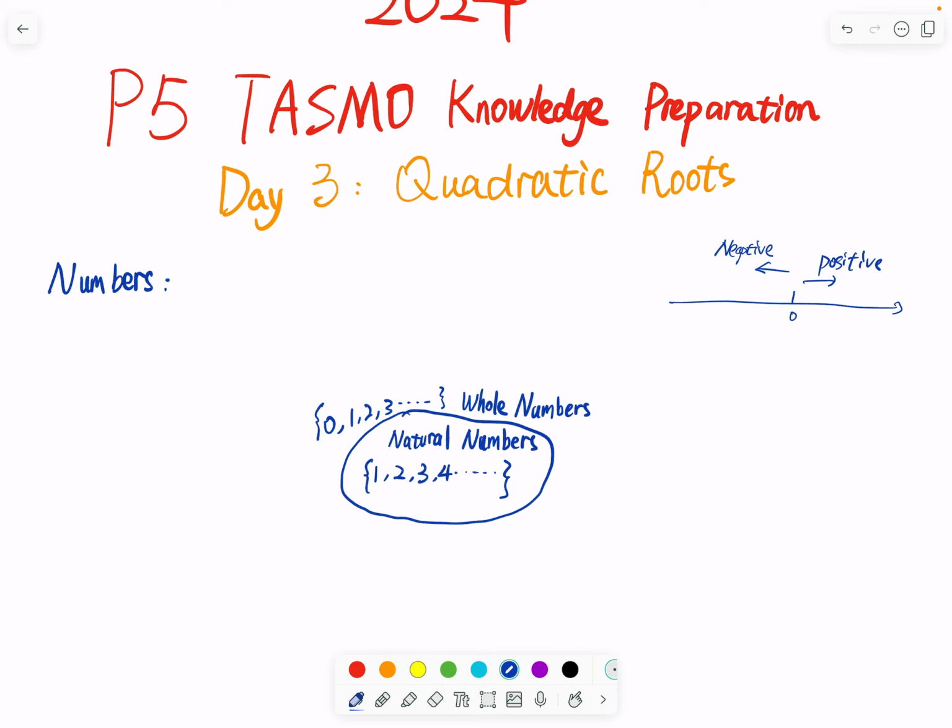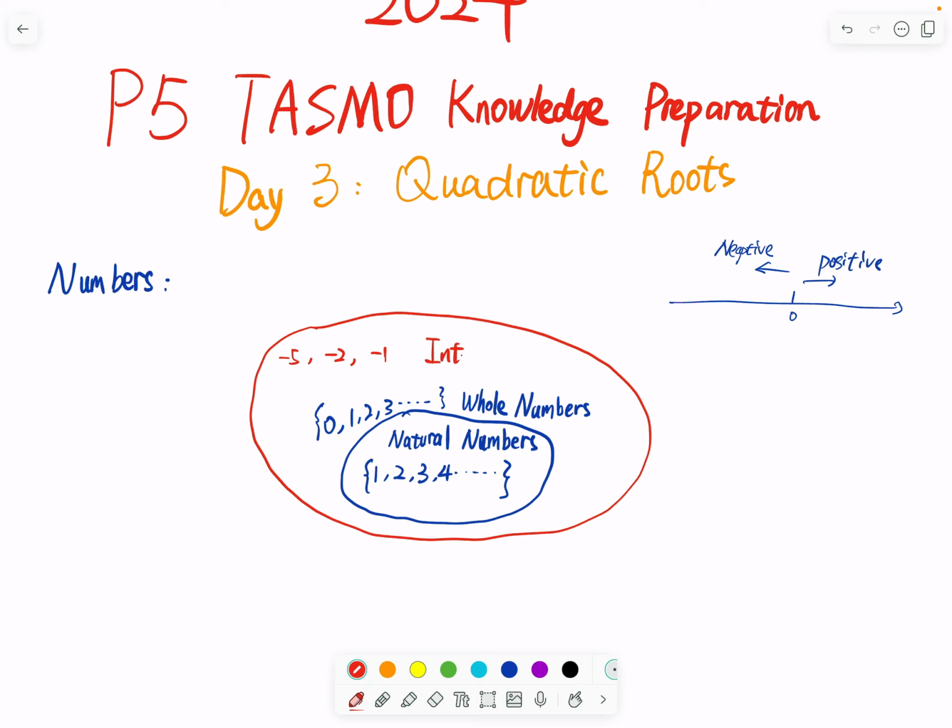Maybe I will have something like -5, -2, -1, and so on, right? We call all of these things integers. Okay, we name it integers.